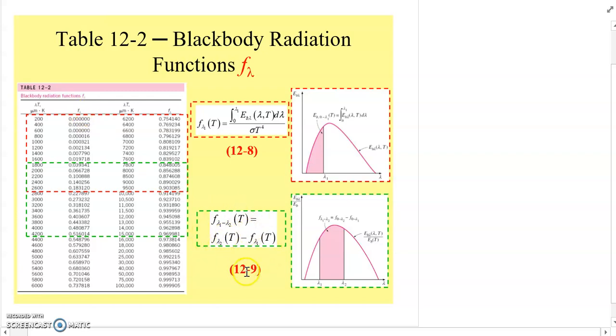Like for this example, graph 12.9: if you're interested to know the area under the curve between lambda 1 and lambda 2, first you need to get your value for f lambda 2, then minus f lambda 1.